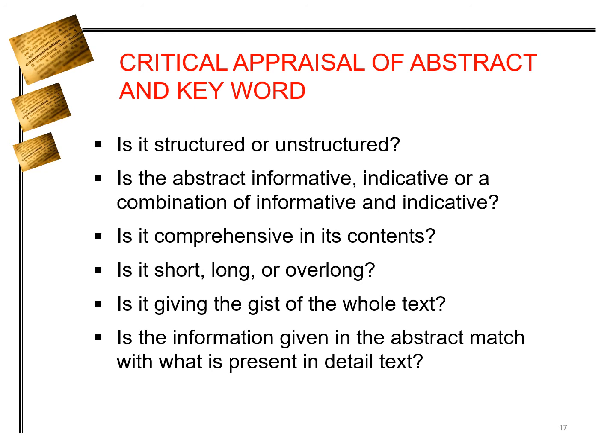In conducting critical appraisal of an abstract, we are going to ask ourselves a few questions. Is it structured or unstructured? What do you mean by that? A structured abstract is an abstract that contains subheadings of all the sections in the study. For example, it is written background, containing the background of the study as well as the aims and objectives, methodology of the study, results, conclusion.